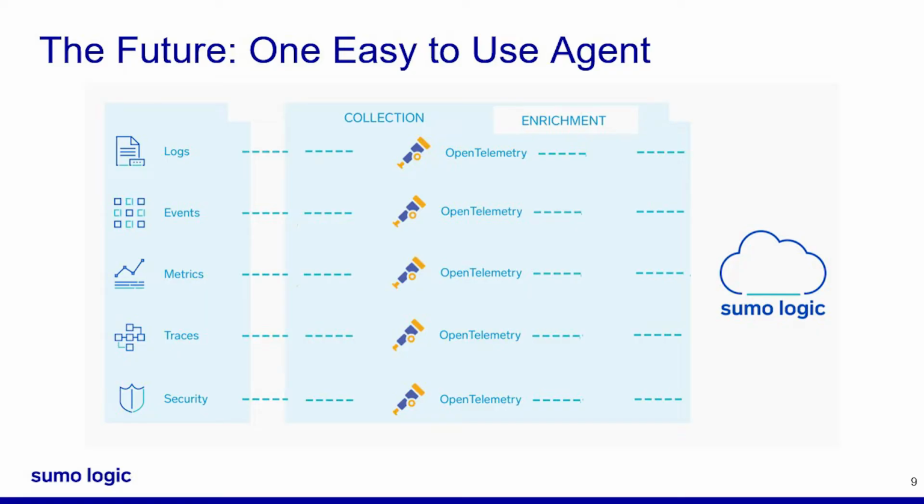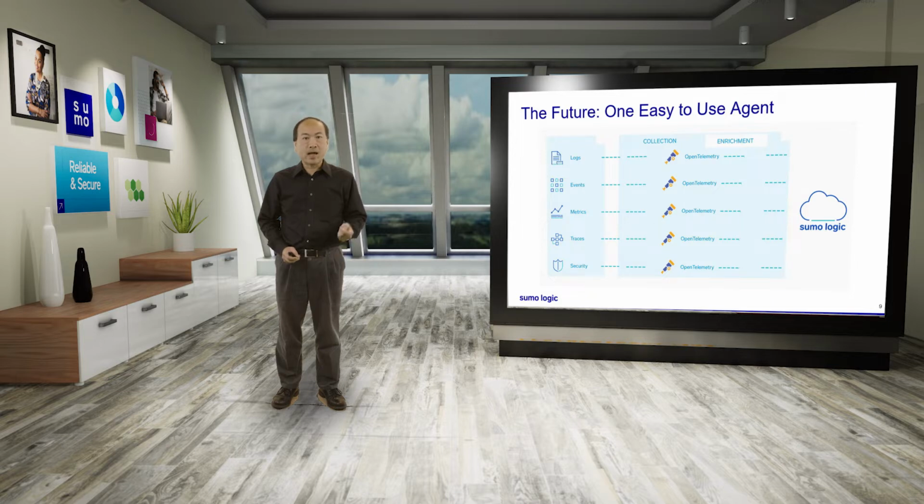We're working to simplify data collection for you. With our OpenTelemetry-based Sumo Logic collector, we now have a single host-based mechanism that unifies the gathering of logs, metrics, traces, and events for both observability and security use cases. This new collector leverages the open source OpenTelemetry project, an industry standard with over 20 leading enterprise software companies supporting the effort, and its capabilities are growing rapidly.